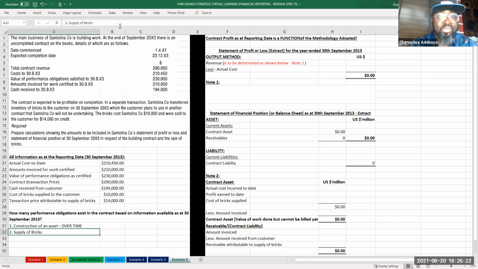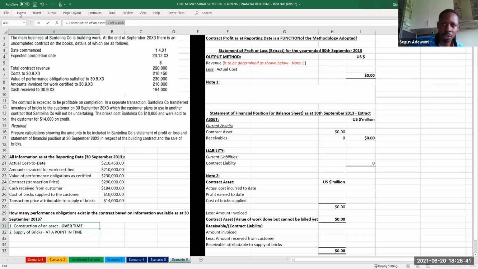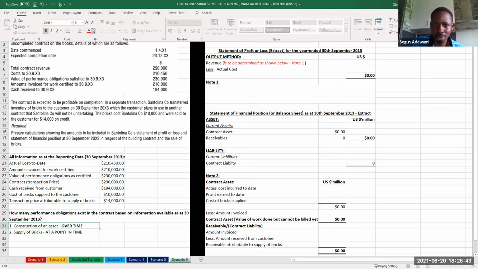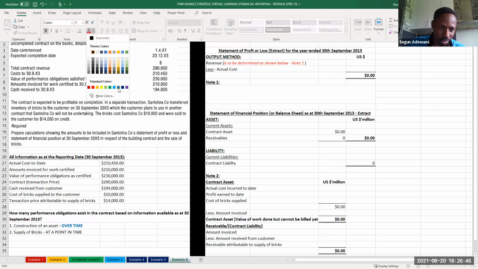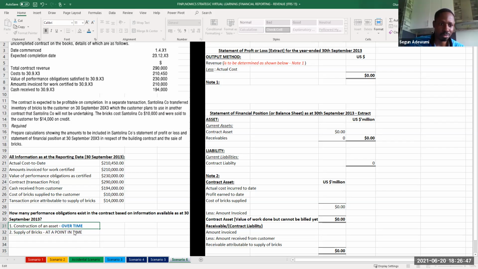The supply of bricks, are you to recognize the revenue over time or at a point in time? This one at a point in time. Why? Because the delivery of the goods is immediate.